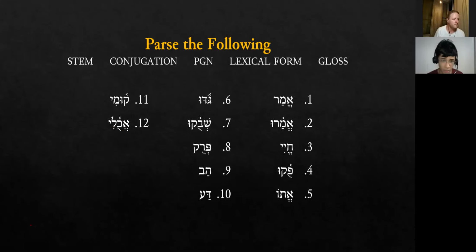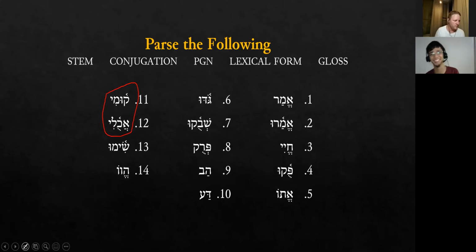Second person, feminine, singular. Peal imperative. Lexical form, akal. The gloss is eat. So these are the two verbs that come together in Daniel 7 that say, arise, eat much flesh. Kumi, akuli.